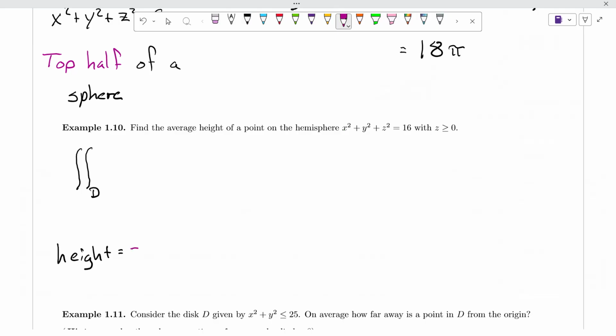But if we're in 3 space, the height is just the z variable. Z is going to be a function of x and y, but height in all 3 dimensions, the z-axis usually measures up and down. So the height of some point is just its z coordinate. So I want to integrate z. Again, it's a function of x and y. dA.